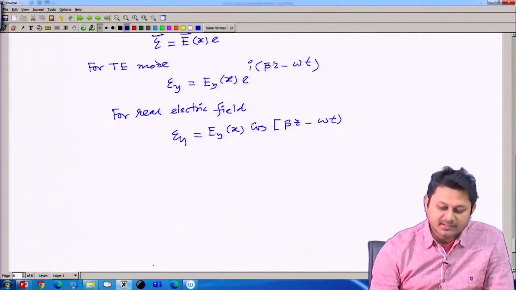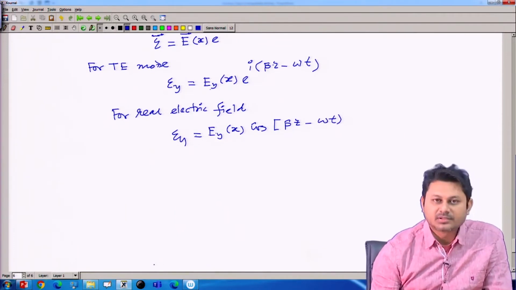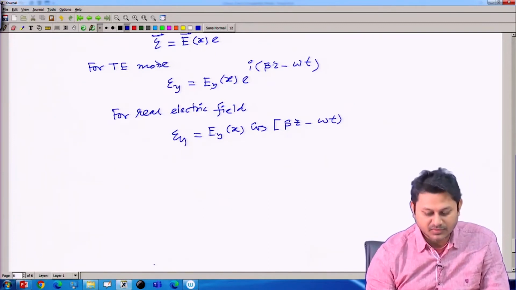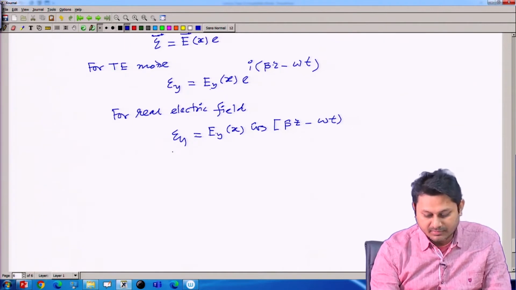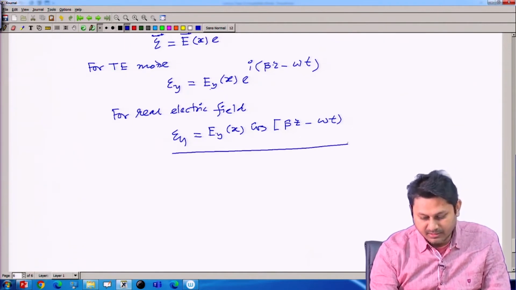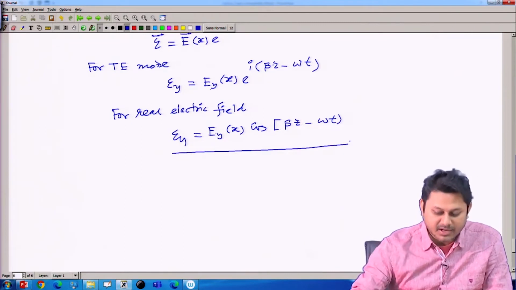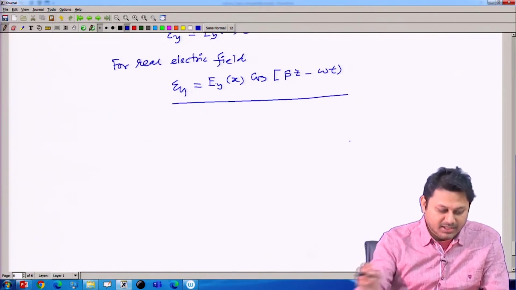So, I just replace this exponential thing to cos, because the electric field is real, that we can always do. So, this is the real electric field, and this real electric field is carrying some kind of power, and that we are going to calculate.